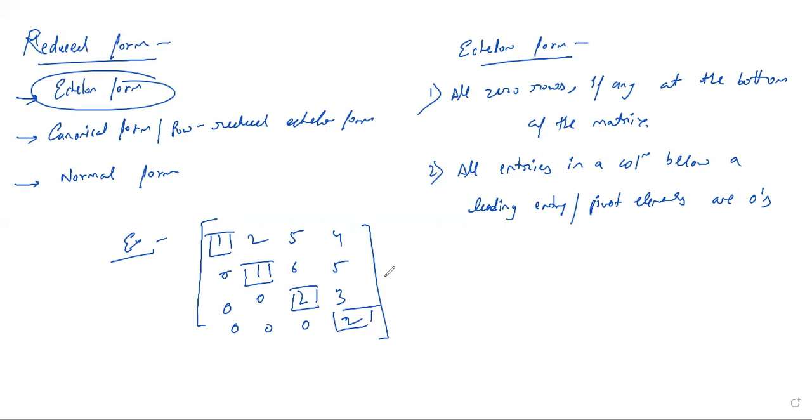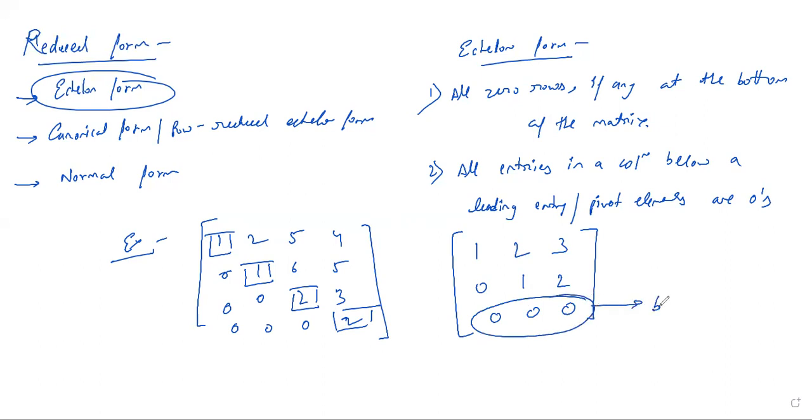If you look into the definition of the echelon form, all zero rows, if there exists a zero row, should be at the bottom of the matrix. Let's just consider a 3 cross 3 matrix and its echelon form.